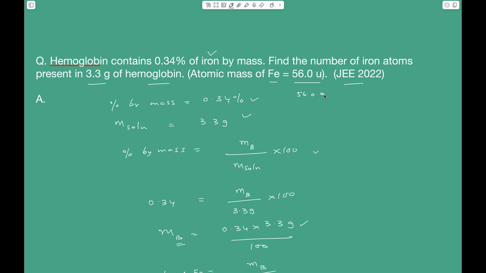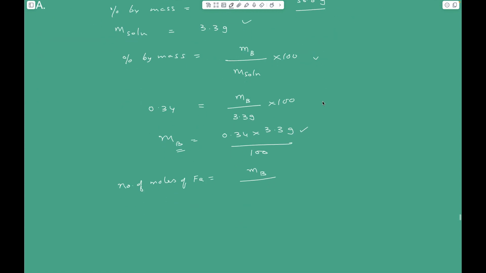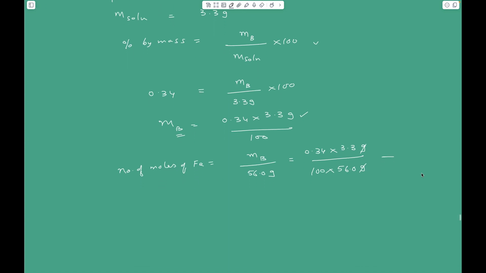And if you express that in grams, it becomes 56 grams. So you divide that by 56 grams to get the number of moles of iron. So it would be 0.34 multiplied with 3.3 grams over 100, and in the denominator now, we also have 56.0 grams. Cancel these two and simplify this to get the number of moles, which is dimensionless.